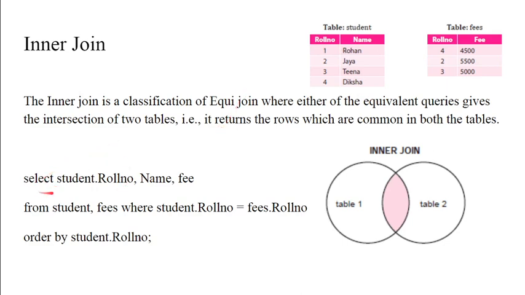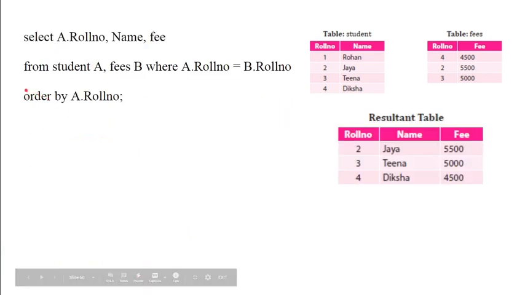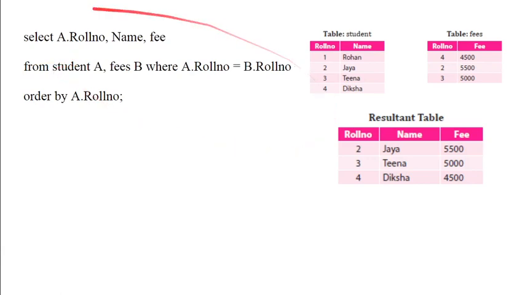Let us see an example. Select student dot roll number comma name comma fee from student comma fees, where student dot roll number equal to fees dot roll number, order by student dot roll number. So either we can write like that or we can write the statement like this. This is the same as the equijoin statement.